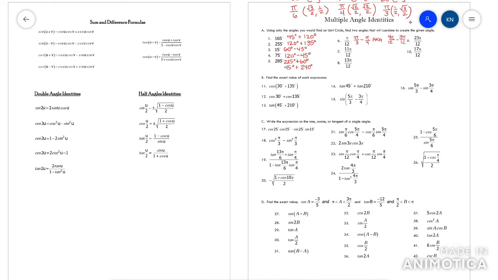So that's all they're looking for with the fraction ones, for the radians. So like 11 pi over 12, you could think of that as pi over 4, which is the same thing as 3 pi over 12, plus you need 8 pi over 12, which is 2 pi over 3.